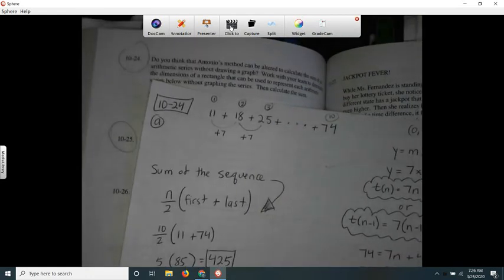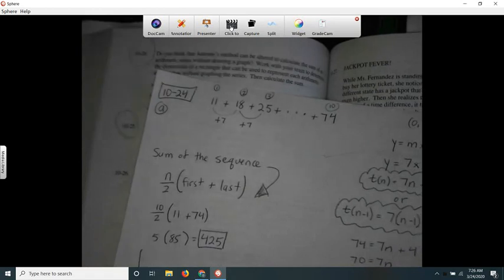So we're given this series, and it starts with an 11, and then an 18, and then a 25, and then a plus, and we end at 74.